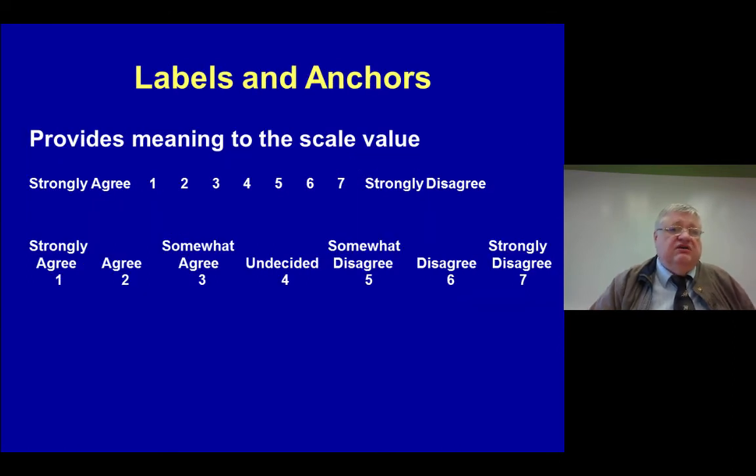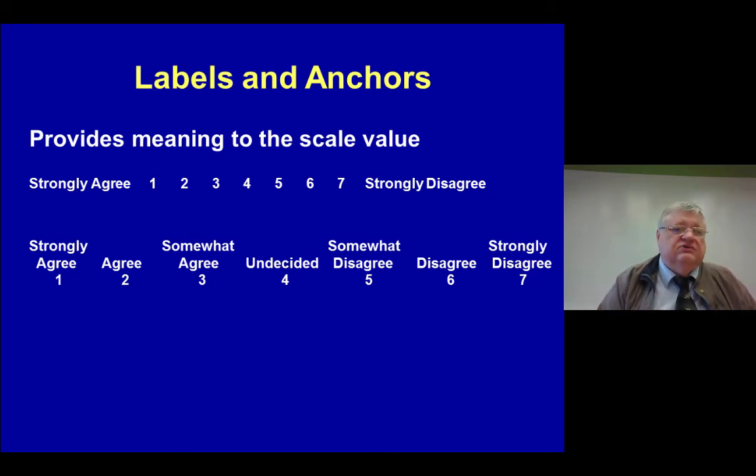When doing your scales, make certain you use labels and anchors. They provide meaning to the scale value. Remember that ruler scale, the visual analog scale going from 0 to 100. Well, if someone marks the middle, what does that actually mean?